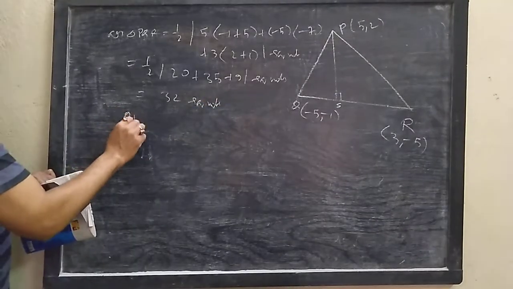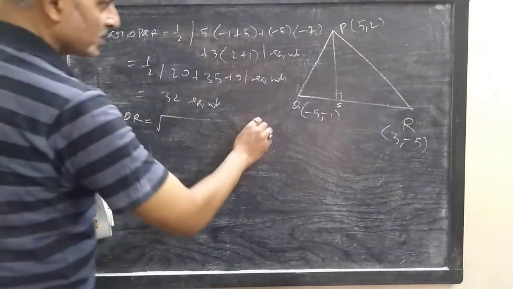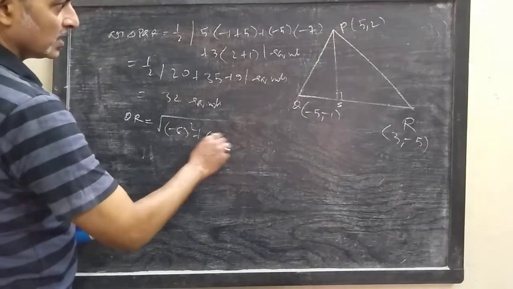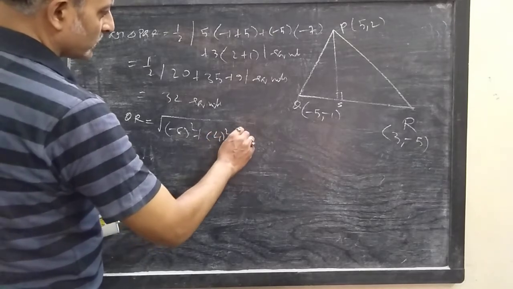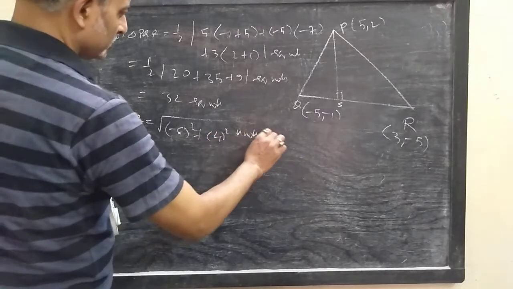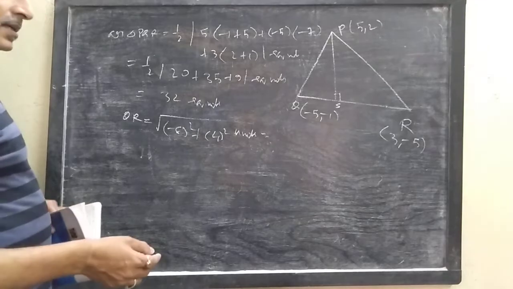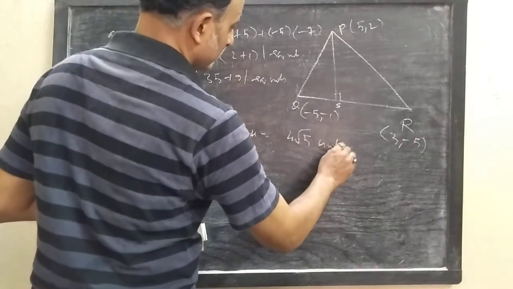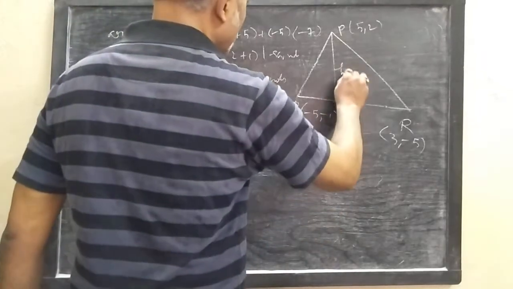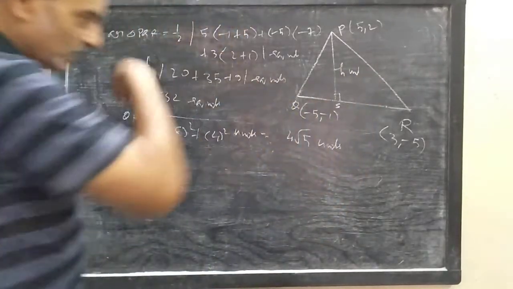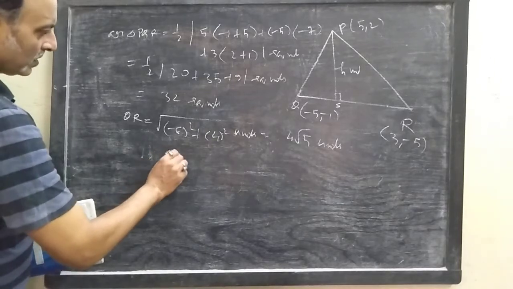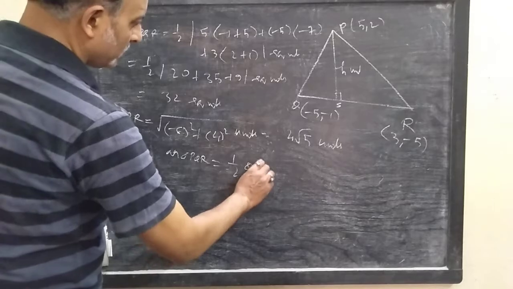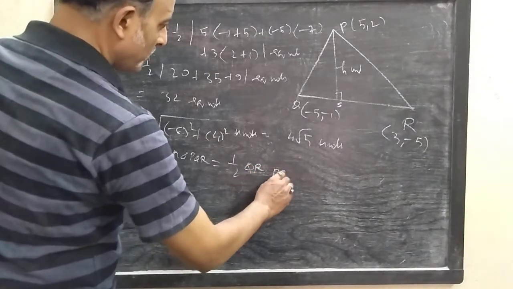Next, find the length of the side QR. By the distance formula, this will be (-5 minus 3), that is -8, whole square, plus (-1 plus 5), that is 4, whole square, units. 64 plus 16 is 80, that means 4√5 units. Now consider this length to be h units. Then area of triangle PQR equals half into QR into PS.